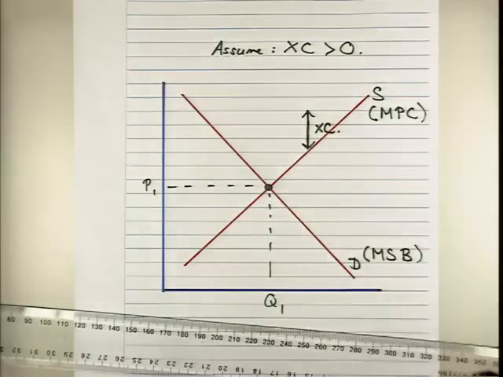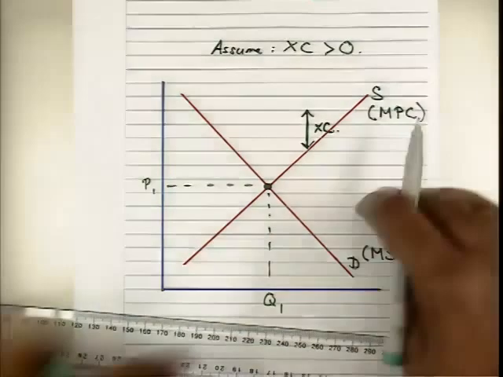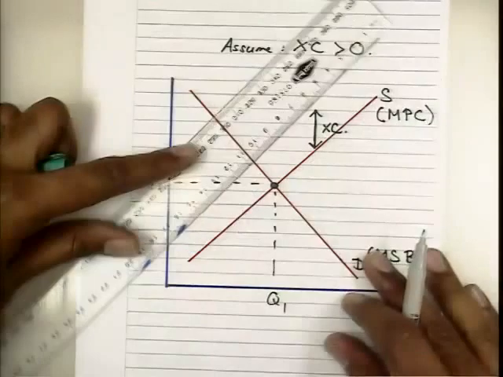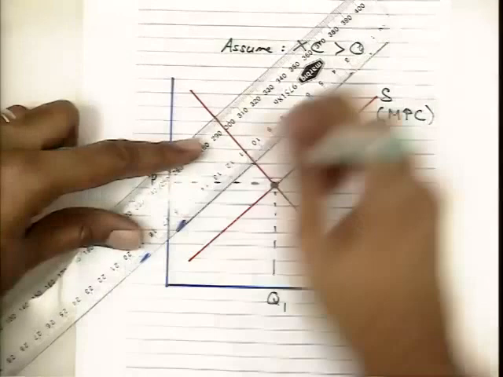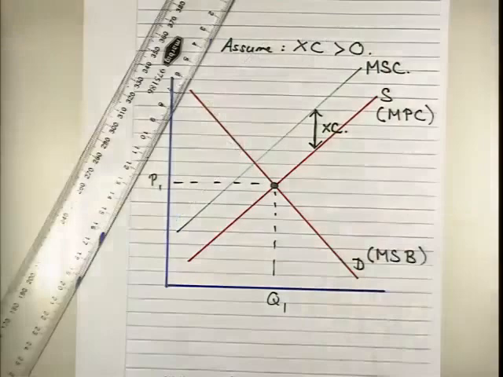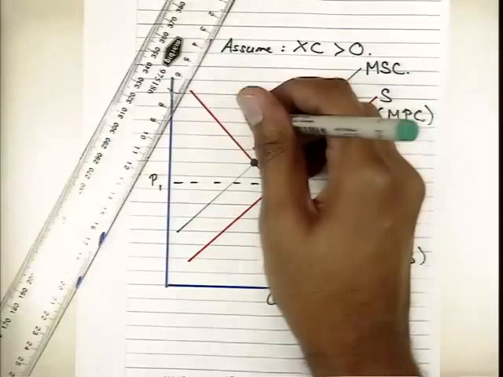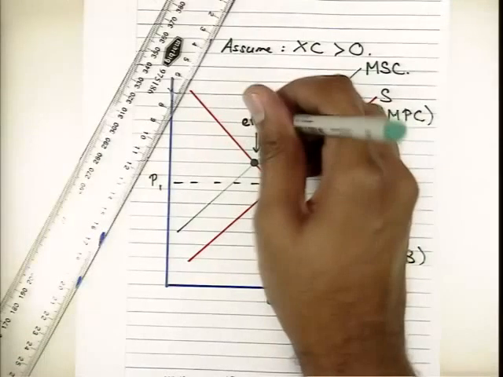Such as the external cost of pollution on a third party. A factory might be creating pollution but not paying for it, so it's incurring an extra cost on a third party. Adding that external cost lifts the marginal private cost to the marginal social cost. So this is actually what is efficient.